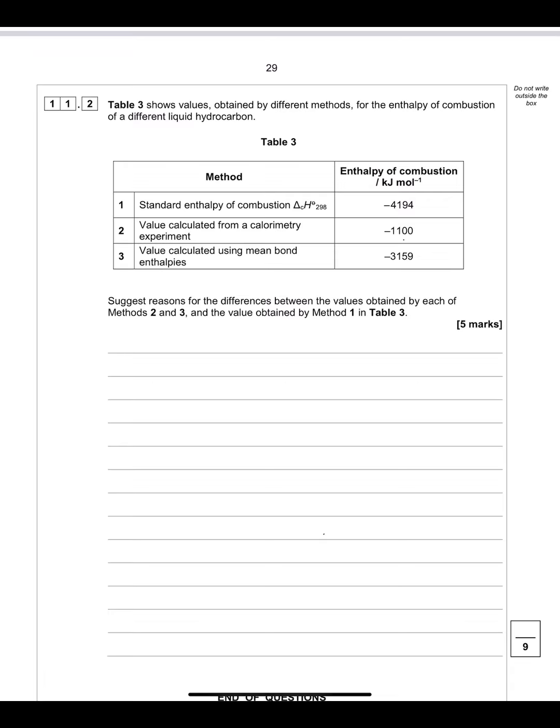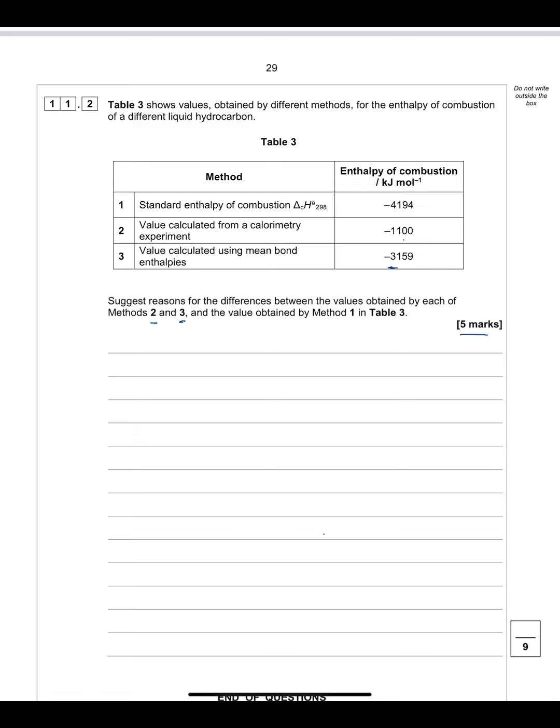And then the value calculated using the mean bond enthalpy, again, it's different from the standard enthalpy of combustion, so minus 3159. And they ask you here, this is a 5 marks question, they ask you to suggest reasons for the differences between the values obtained by each of method 2 and 3 and the value obtained by method 1 in table 3. So if it's a 5 marks question, then they need a minimum of 5 different points that you need to mention, even though you could mention more.